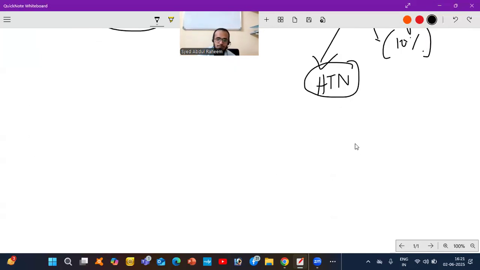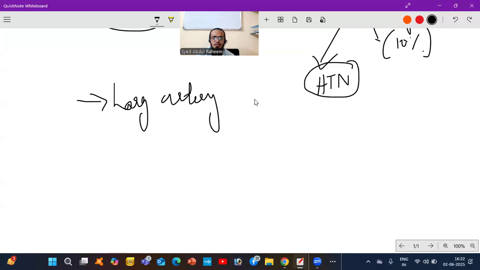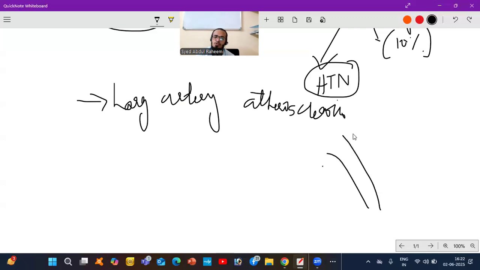We'll discuss here. In that we have, one is large artery atherosclerosis. So blood supply to the brain is stopped due to plaque formation or fatty substances formed there.